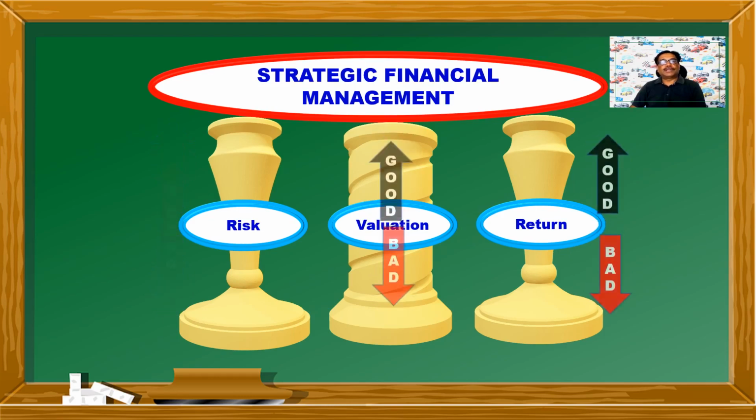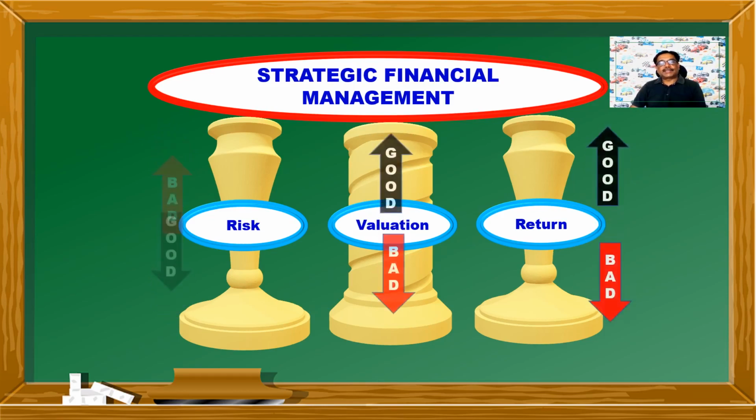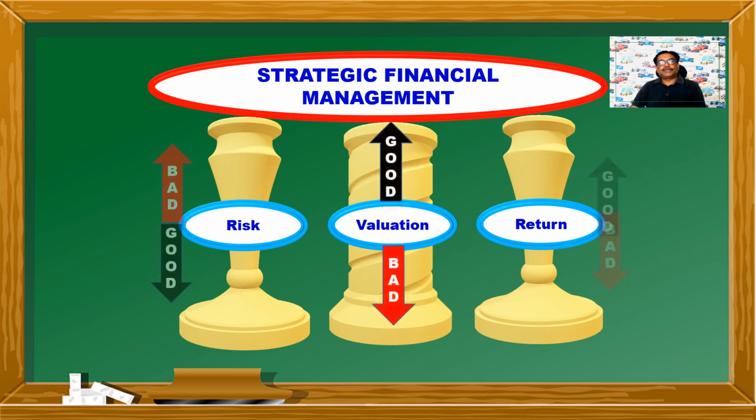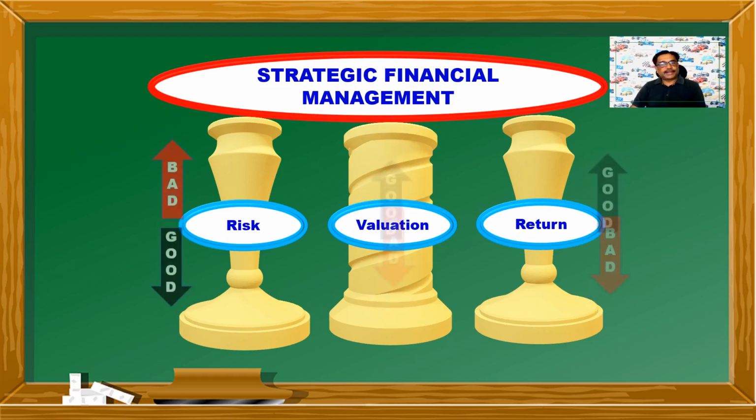You have to consider 2 or more parameters, whatever they may be. When we proceed one by one, we will learn how to analyze the risk, return, as well as the valuation. So what I want to tell you is that the paper Strategic Financial Management is based on 3 basic pillars. The 3 basic pillars are risk, valuation, and return.